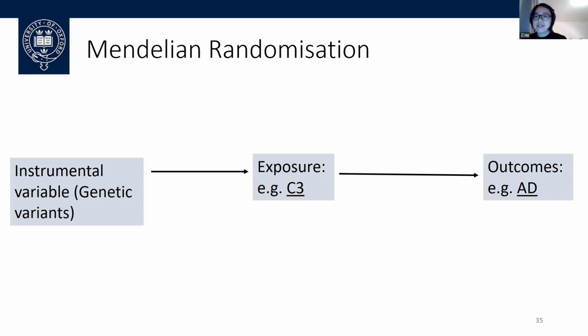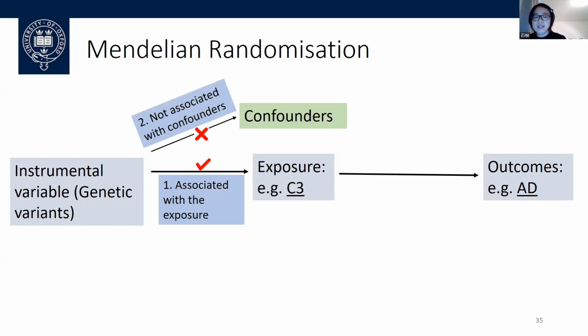So Mendelian randomization has three assumptions. First, this genetic variant should be associated with the exposure, which means that this genetic variant should be associated with C3. And second, this genetic variant should not be associated with confounders, such as ApoE, for example.